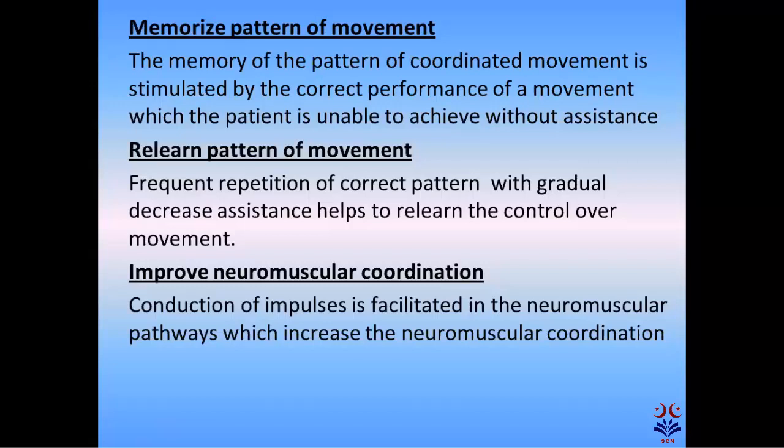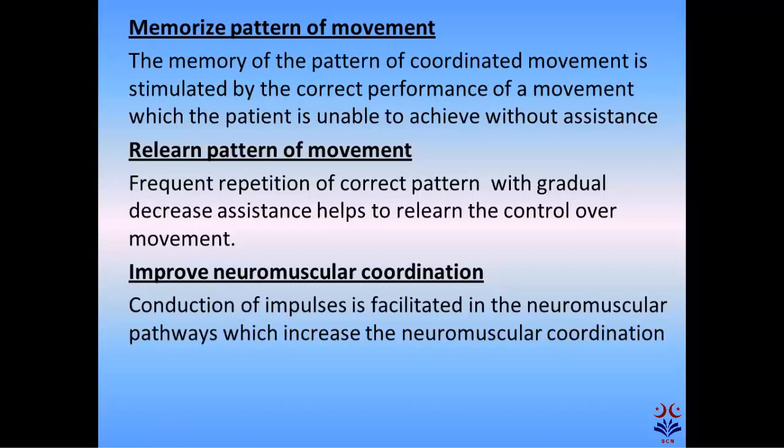And what are these conditions? We are coordinating the neuromuscular system with each other. By memorizing the movement, by relearning the movement, we are increasing the neuromuscular coordination, because muscles are nothing without nervous control.